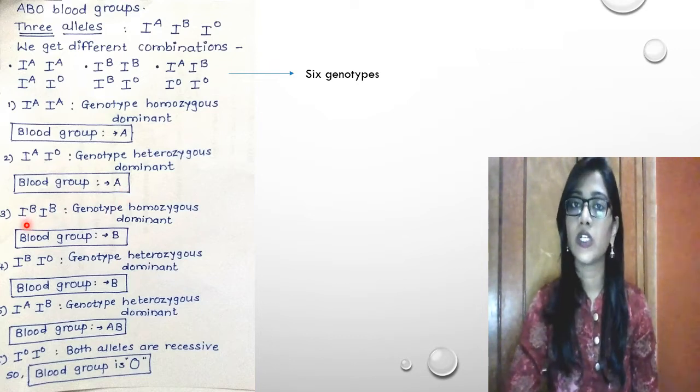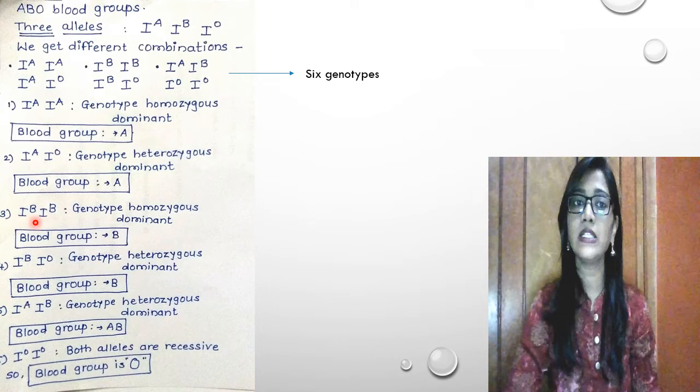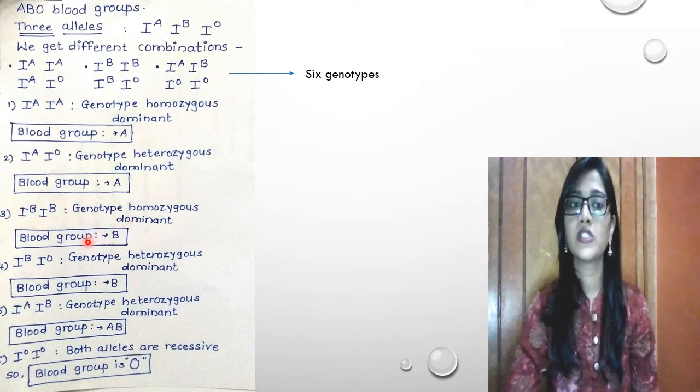In the third case, IB IB, the genotype is homozygous dominant, so the blood group will be B. In the fourth case, IB IO, the genotype is heterozygous dominant.